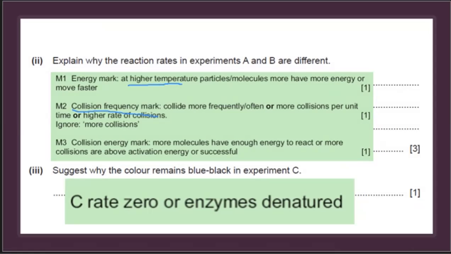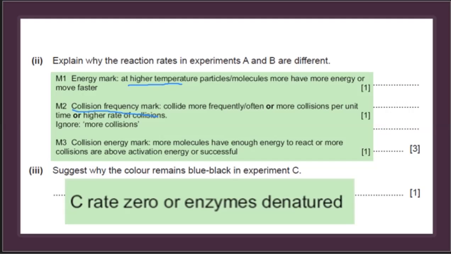It means to say that there are more collisions at a higher temperature than if it was at a lower temperature. So they collide more frequently, and this increase in collisions increases the rate at which the particles interact with each other, thereby speeding up the rate of the reaction.